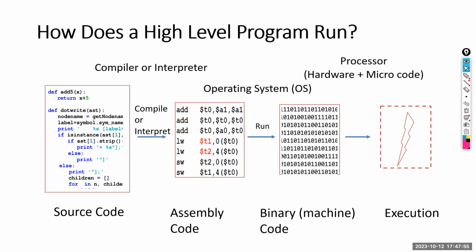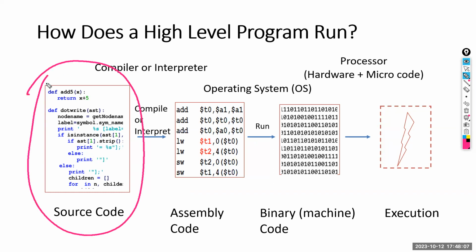Remember, we process data using software or programs. And we write programs these days using high level programming languages like Java, C#, Python, C, PHP, and so on. So this is a Python program that we will be writing later, when we are doing the programming.